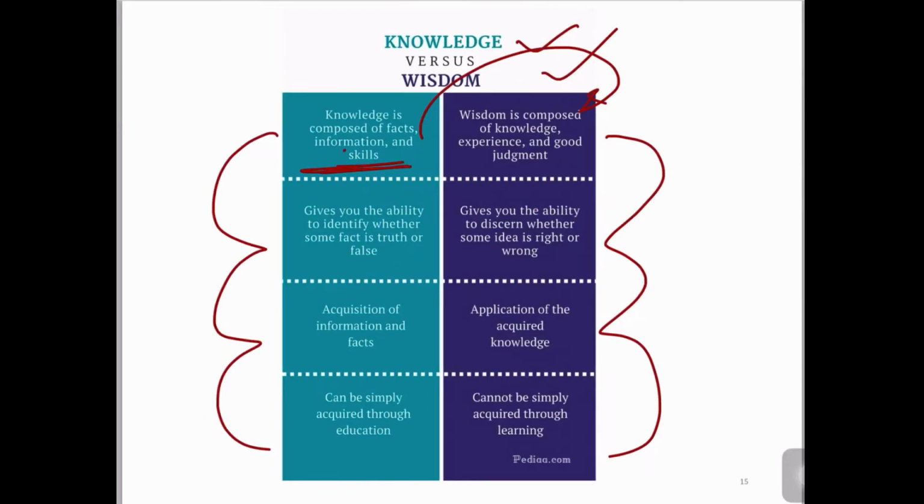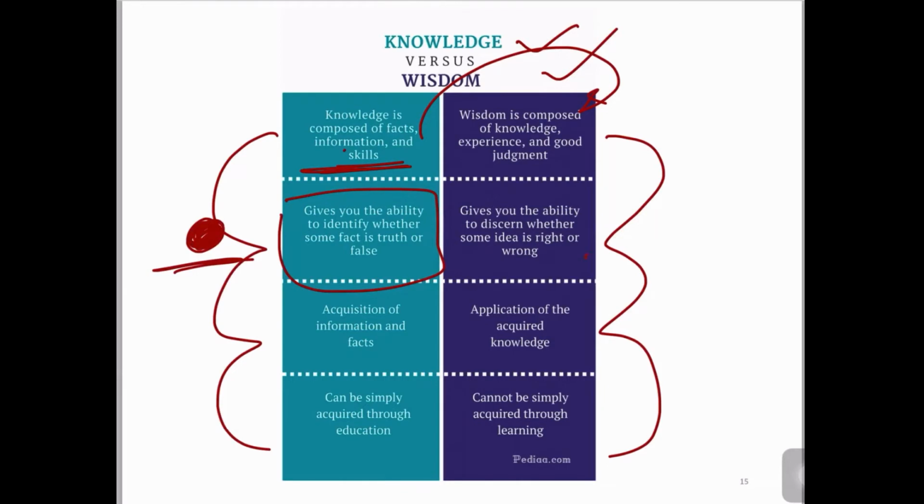Now, we can also see that knowledge basically gives you the ability to identify whether some fact is true or false, right? So if the light is red, it allows you to judge whether you should stop or go on.